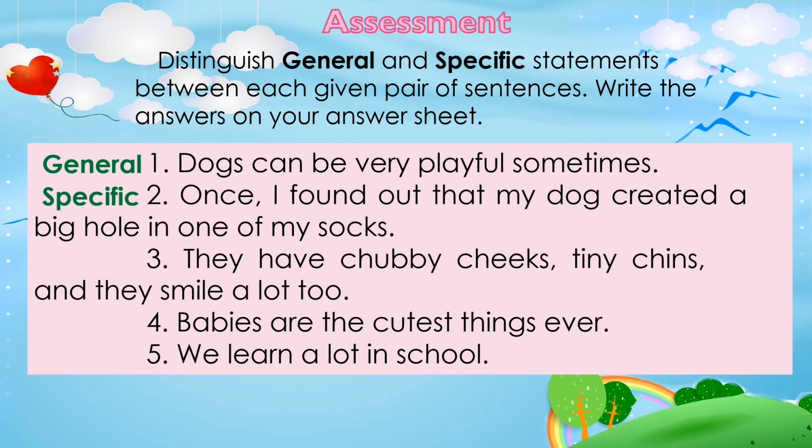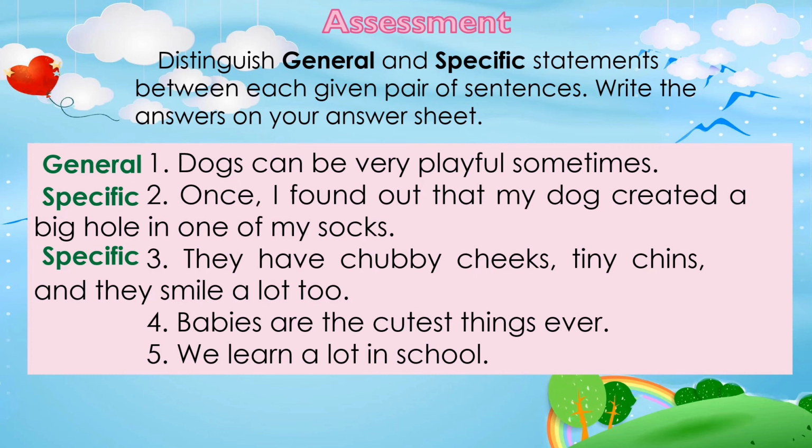While in number 1, it's many dogs, so it is general. For number 2, it is specific because it's talking about one dog only. Number 3. Okay, specific, very good because they have descriptions and illustration about the chubby cheeks, tiny chins, and a smile.